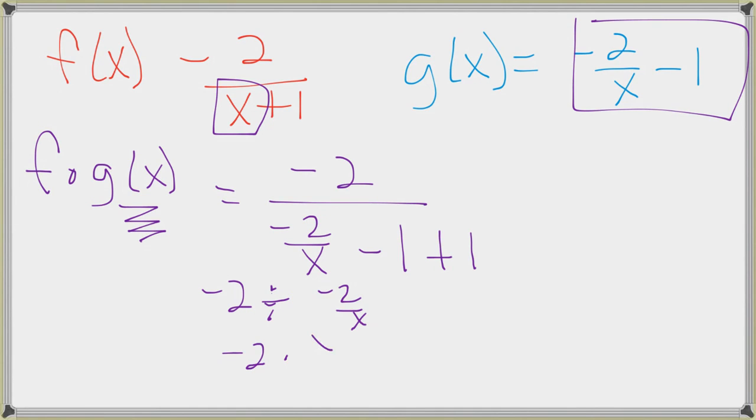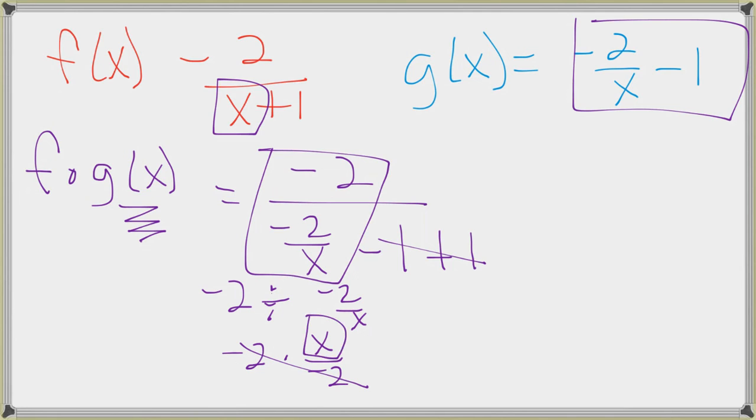You learned dividing fractions as keep, change, flip. So we did negative 2 times, flip, x over negative 2. What happens to the 2's? They cancel. What's left is just the x. It's kind of an ugly fraction kind of thing, but it's all right. We're in Algebra 2. We can do fractions. When you divide fractions, you keep, change, flip.